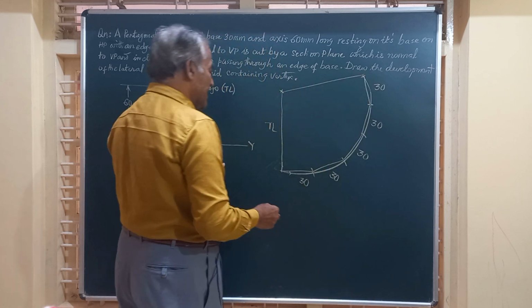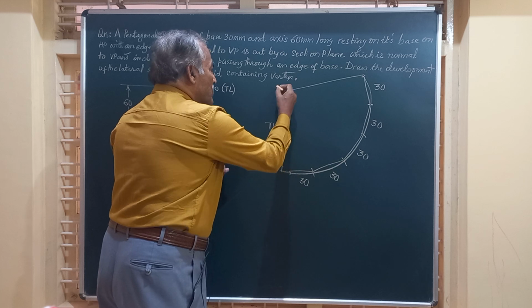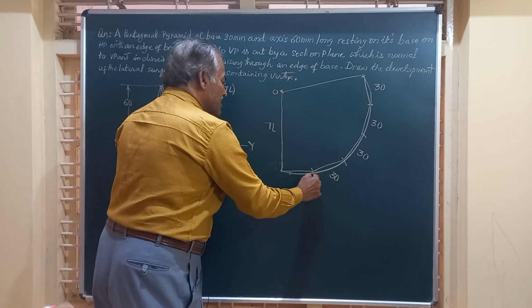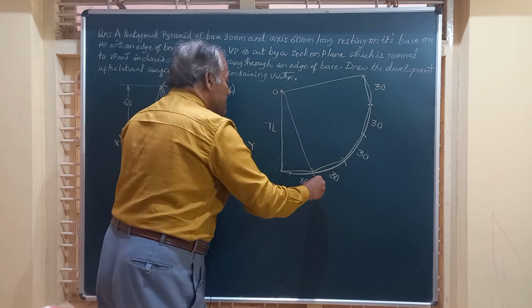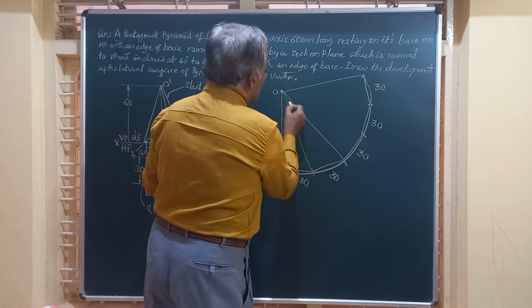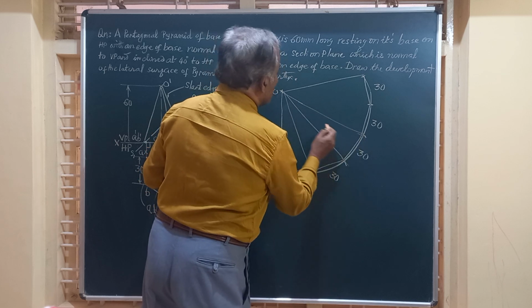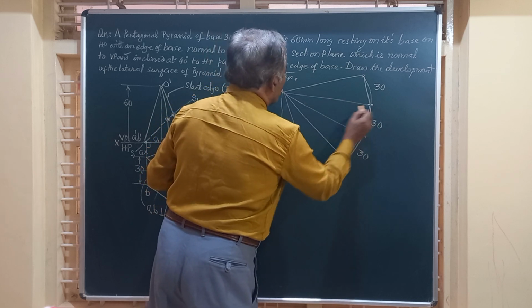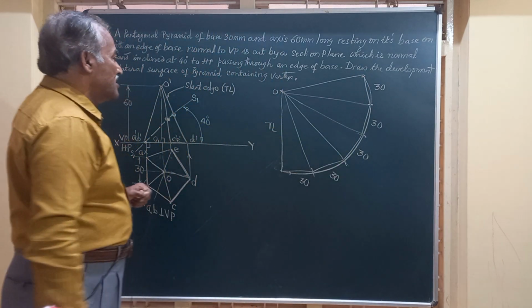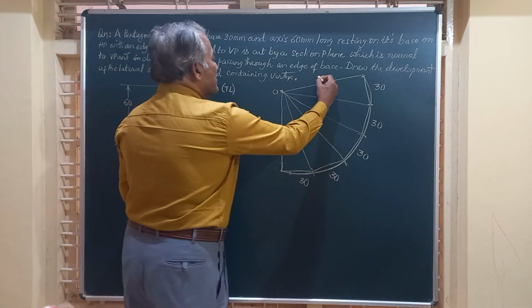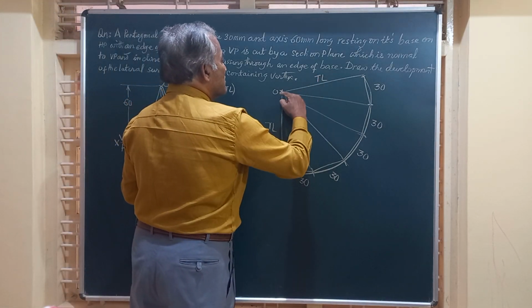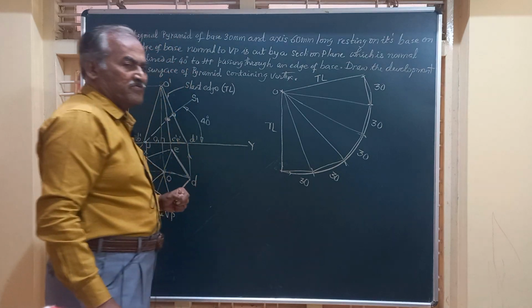And let's also join this vertex O to all these corners. So this is one such, this is the second one, this is third one, this is fourth one, and that's the fifth one. Now friends, this measurement we have got is also the true length. So this length and this length are same.